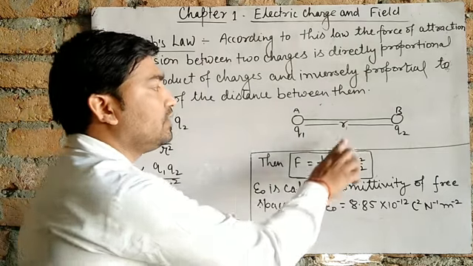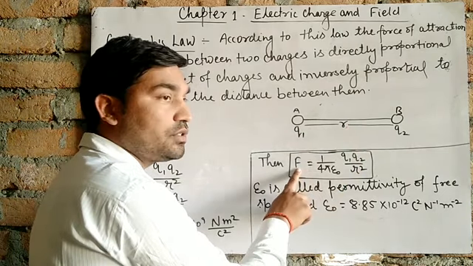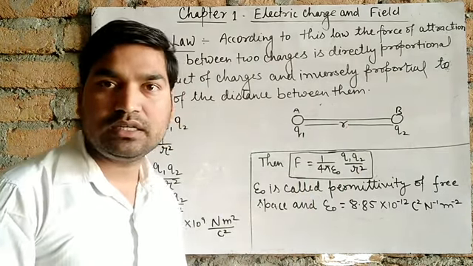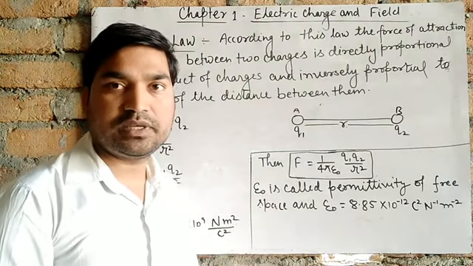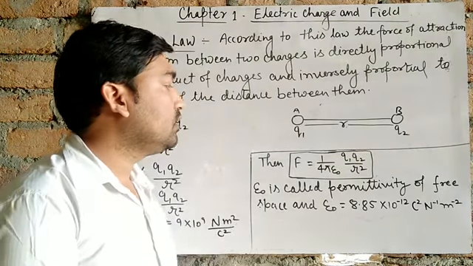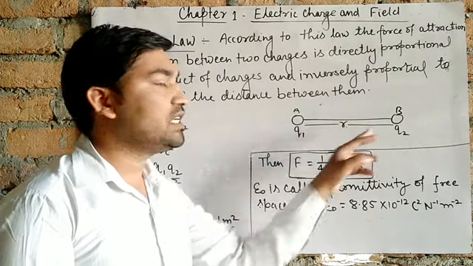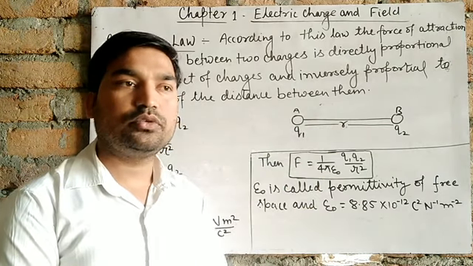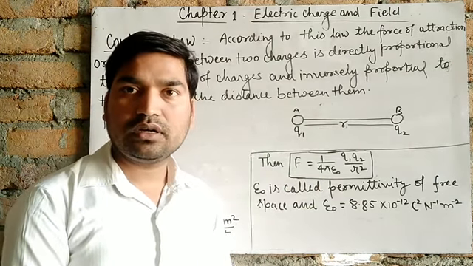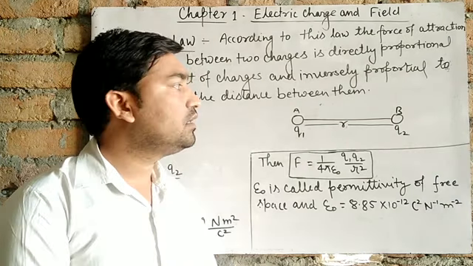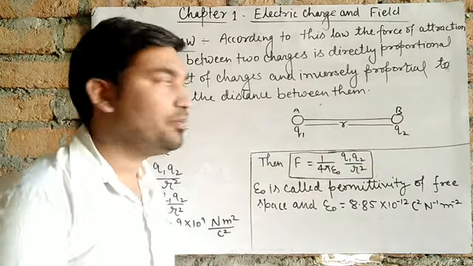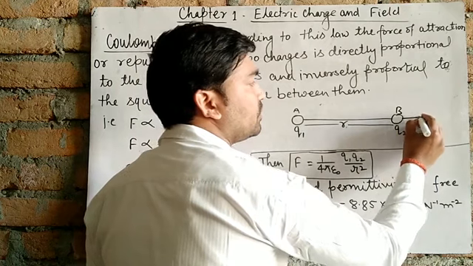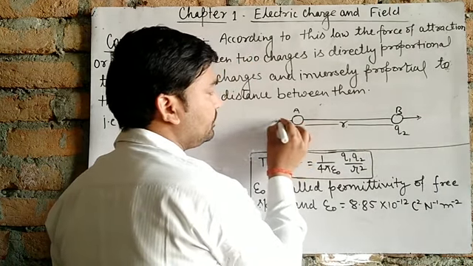Another thing is that force is a vector quantity, so it has a specific direction. If both charges are like, meaning both positive or both negative, then the force is repulsive, and the direction of the forces is outward.